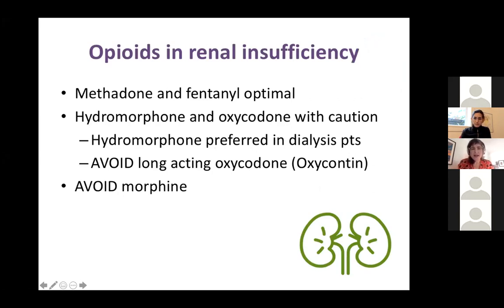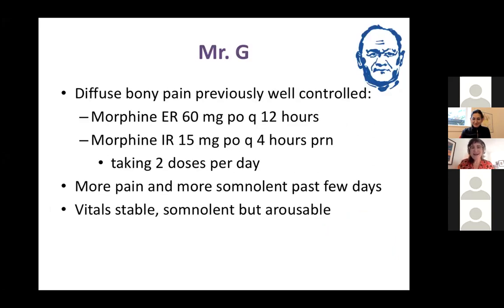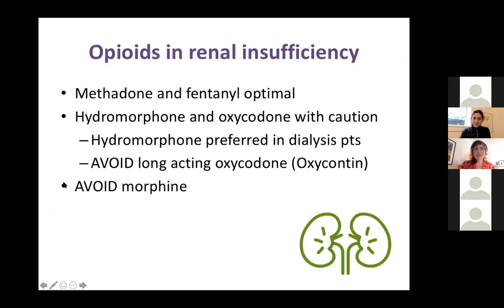So I didn't make you guys answer a question this time. I may have made it relatively obvious. He could be somnolent for a number of reasons, but the reason I'm highlighting here is that his morphine is building up in his renal failure, and it's making him more sleepy.